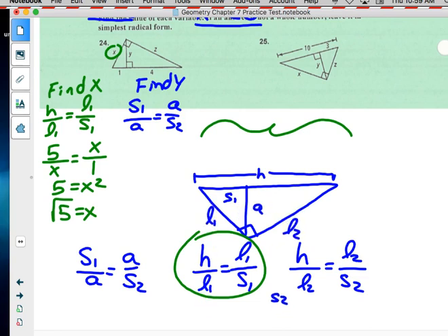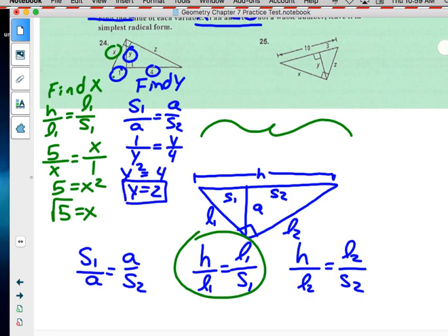That's my L1. And this is S2. So this one has, I got blue, my S1, my S2, and my A. So I've got S1 was 1, my A is Y, my S2 is 4. So now I got Y squared equals 4, so Y is 2. So these are my two values that I can find for problem 24.